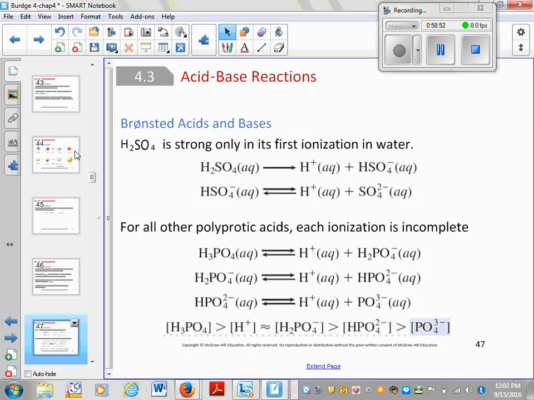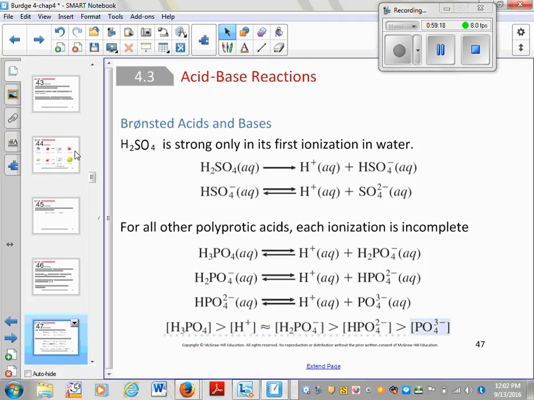So if you look at sulfuric acid, the first ionization is strong. It ionizes completely. The first hydrogen comes off completely. The second one only comes off partially. So it's strong with its first ionization, it's weak with its second ionization.